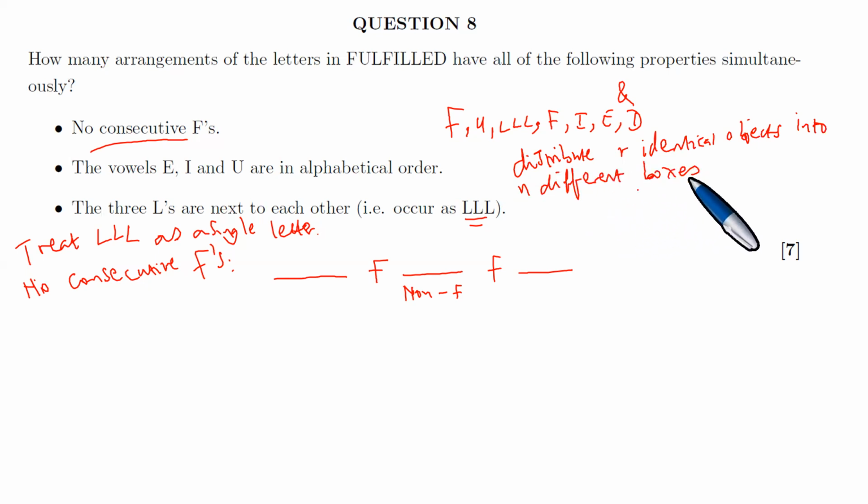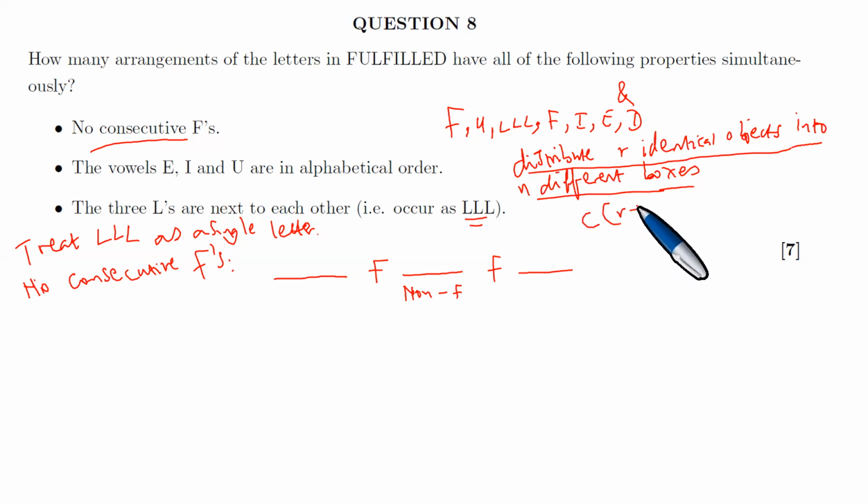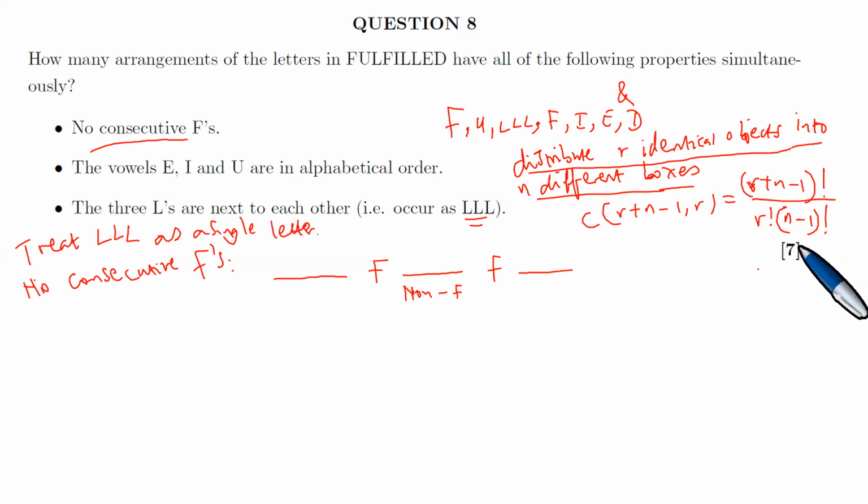What is the formula? That's the statement. So you distribute R identical objects into N different boxes. So it is N choose R plus N minus 1 R. And this can be written as R plus N minus 1 factorial over R factorial and then N minus 1 factorial.